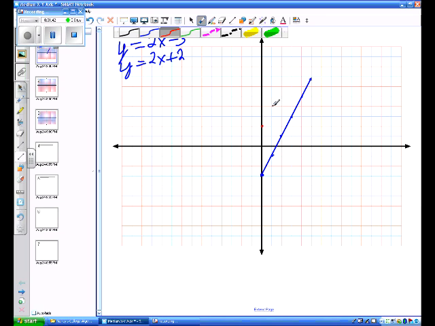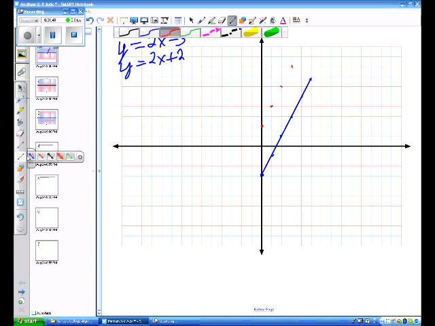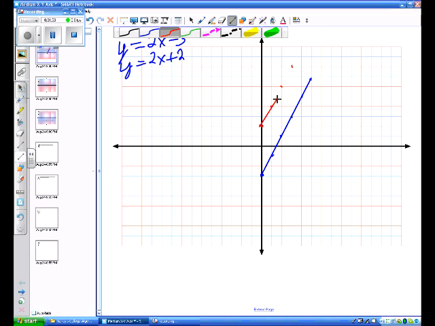So we go up 2 to the right 1, up 2 to the right 1, up 2 to the right 1. We'll draw this line. And so we have two parallel lines. All the points are equidistant apart. And so parallel lines are lines that have the same slope.